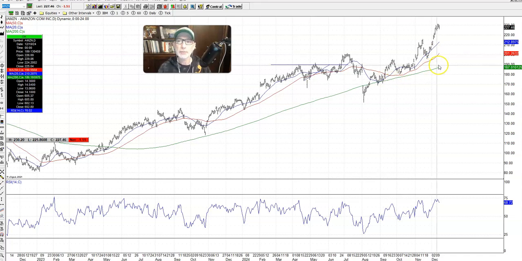If they're all upsloping, that means the stock is in a very strong uptrend. I would possibly wait for some kind of pullback to at least the 20-day moving average before jumping in here. You get the pullback, the moving average moves up, so somewhere they'll connect, maybe around the 220 level. And if it bounces off of the 20-day moving average, then you can get on board for that next leg higher.